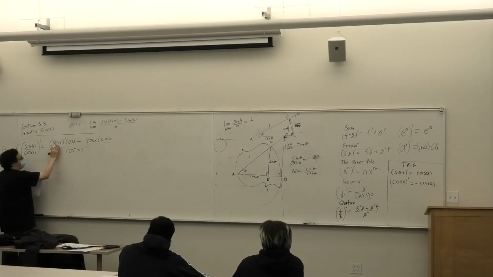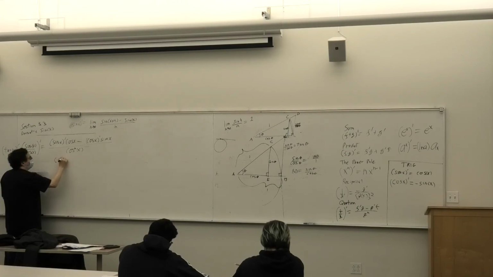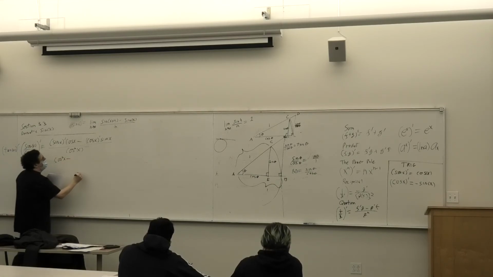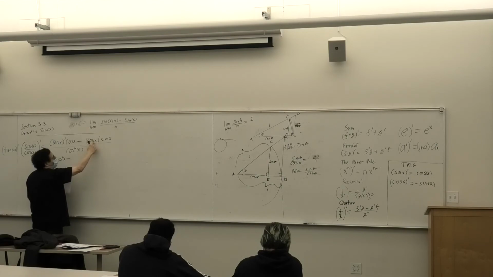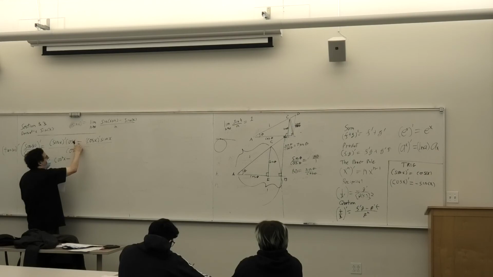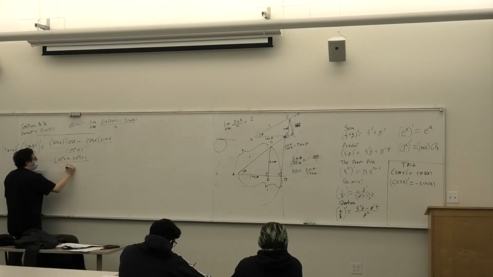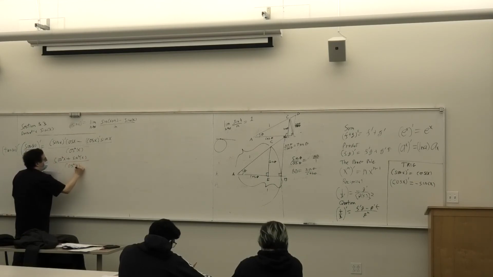Okay, we need to do a little work here. Derivative of the sine is the cosine. So we have cosine squared x minus the derivative of the cosine, which is the negative sine. So that's going to make this a plus sine squared x over cosine squared x.